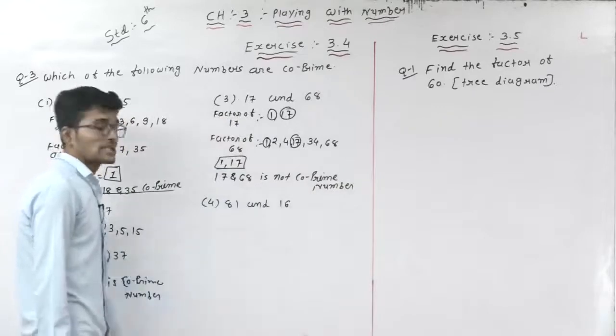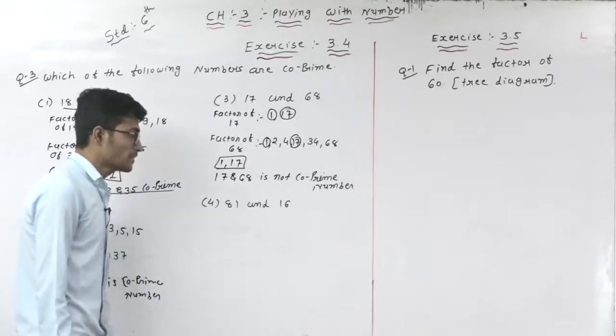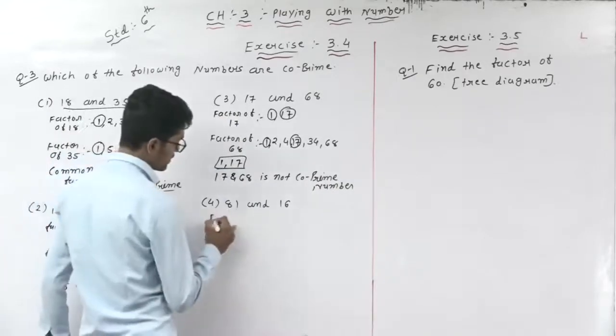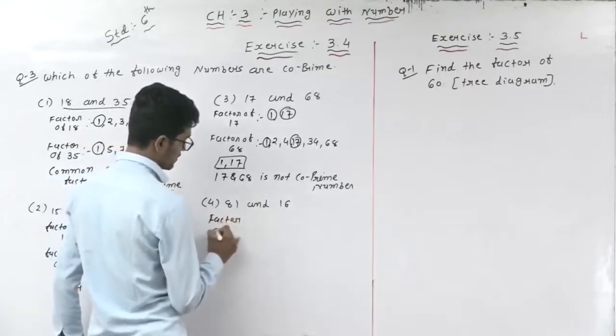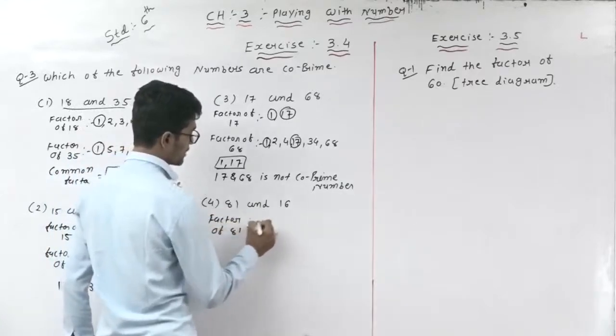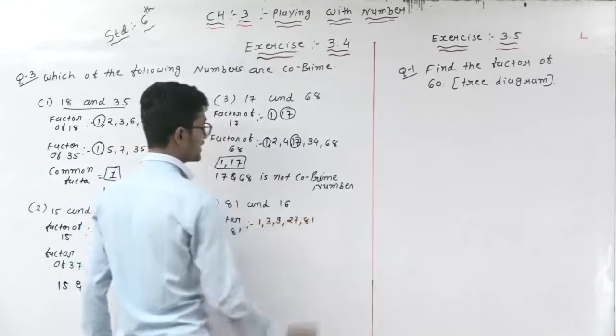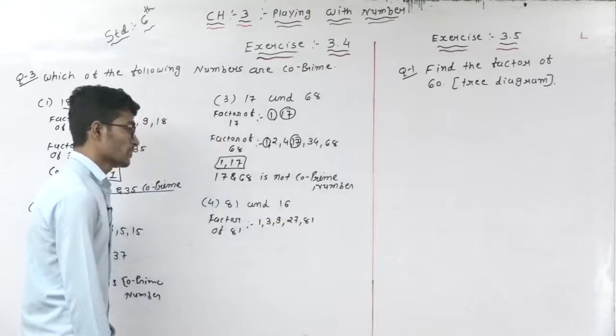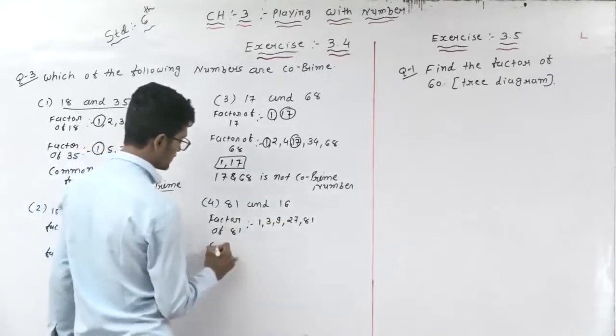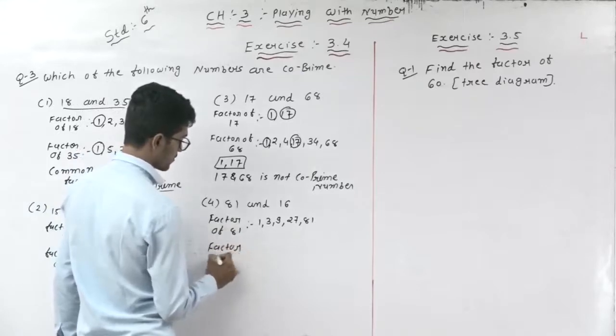Okay. Now the last question, question number 4, 81 and 16. First of all find the factors of 81. The factors of 81 are 1, 3, 9, 27 and 81. Then find the factors of 16.